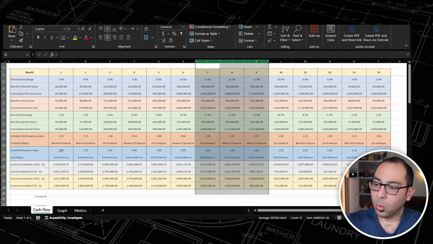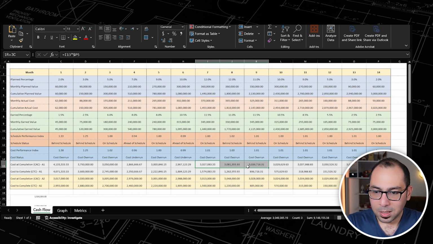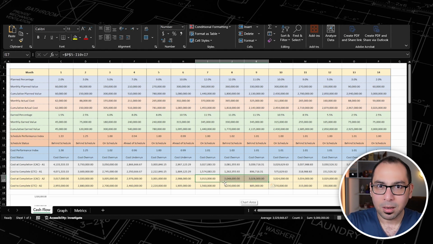Why? Because you were calculating your cost performance index, and every month the data is being optimized because you have more details about how your project is really performing. So if I take the average of these 3 numbers as per the first assumption, the average is 3,049,000. And for the second assumption, it's around 3,029,000.